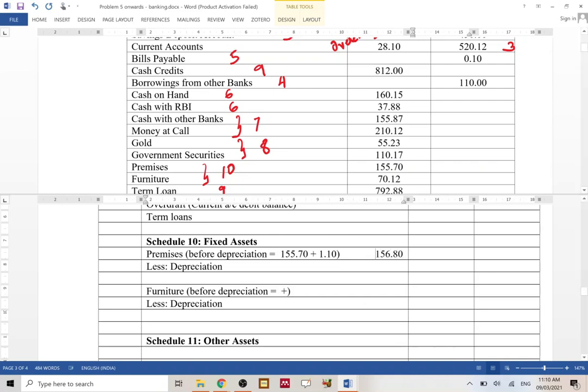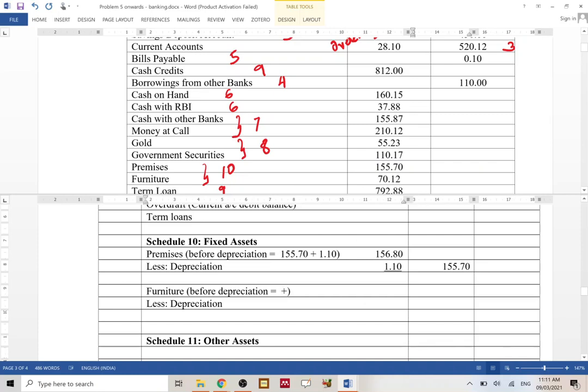Okay, so we are showing what was the written down value before the depreciation was charged. So it is a reverse calculation: the amount after depreciation, add to that the depreciation, and we have the written down value. So the depreciation amount charged, once again we deduct, 1.10. Okay, so what we have in the outer column is the amount that was given in the problem itself, 155.7, after depreciation.